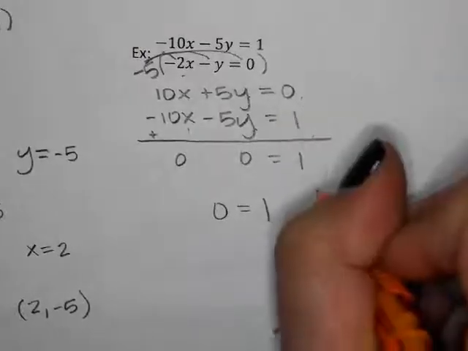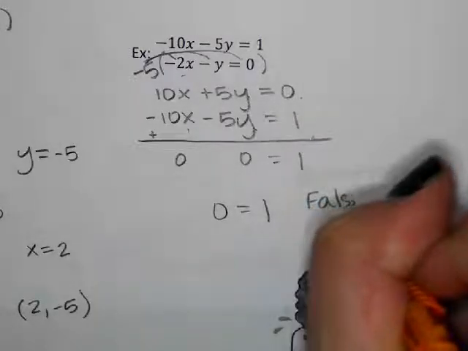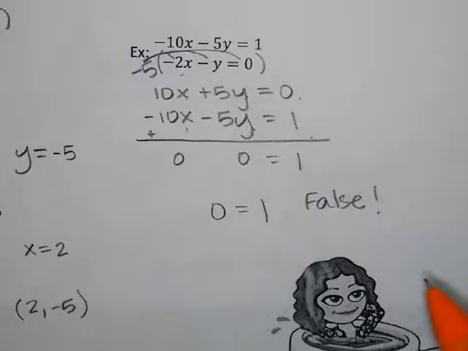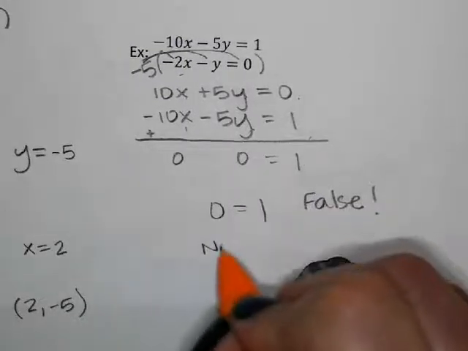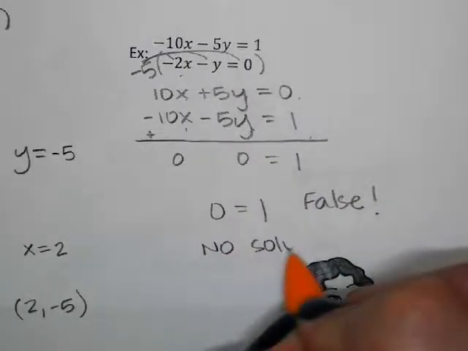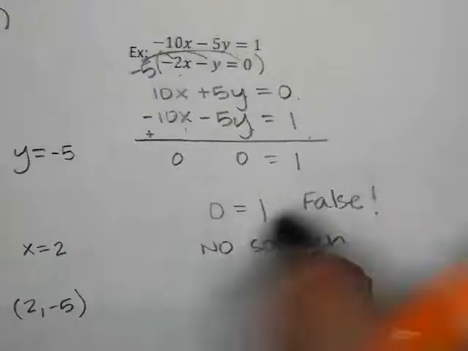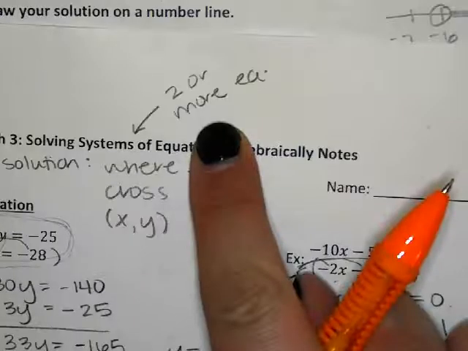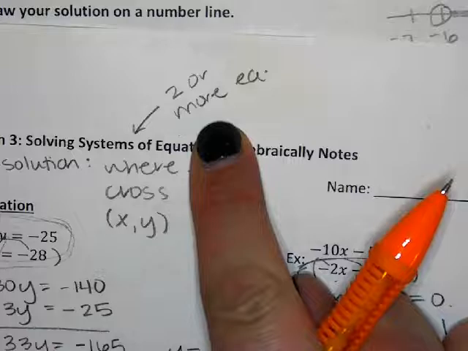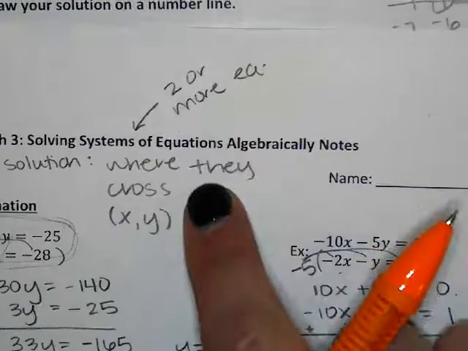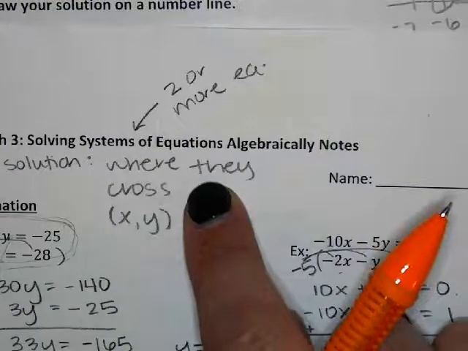No solution. So that means that if I were to graph this on Desmos, what would I see? I'm going to see 2 lines. And the 2 lines are the answers where they cross, but there's no answer. So what does that mean? They're not going to touch, they're parallel. Does that make sense? These are 2 parallel lines. That's why there's no answer.